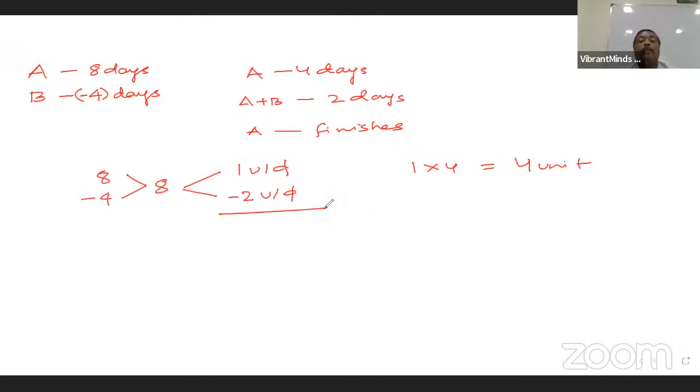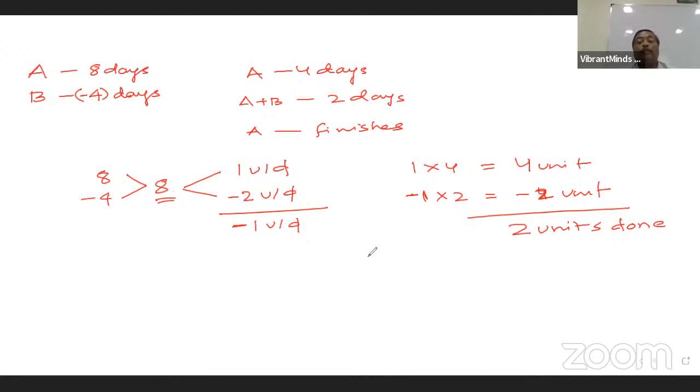Now A and B, when combined, are doing negative 1 unit per day. So for 2 days, minus 1 into 2, and that is minus 2 units. So effectively only 2 units done. How many units are still remaining?